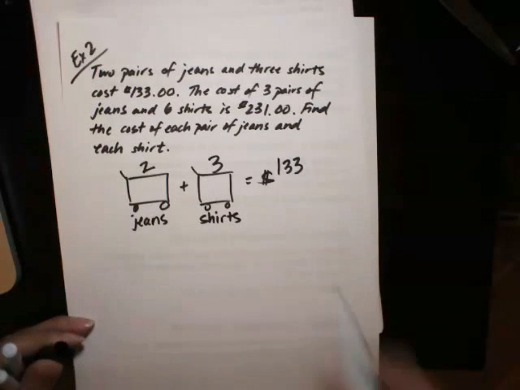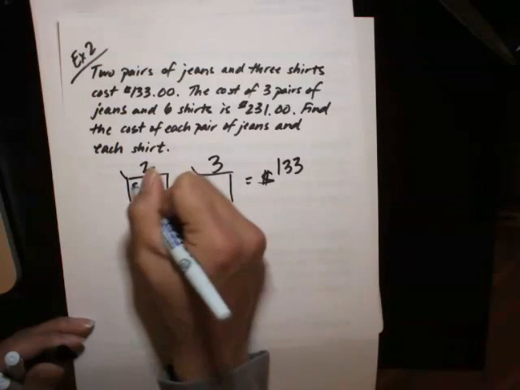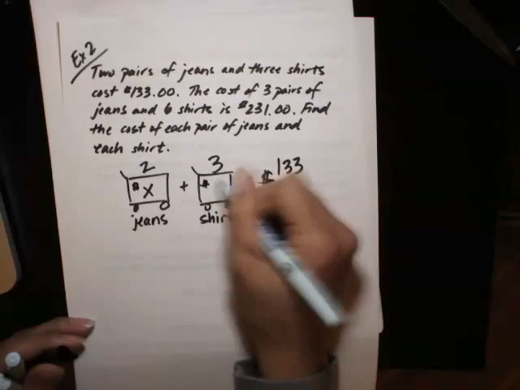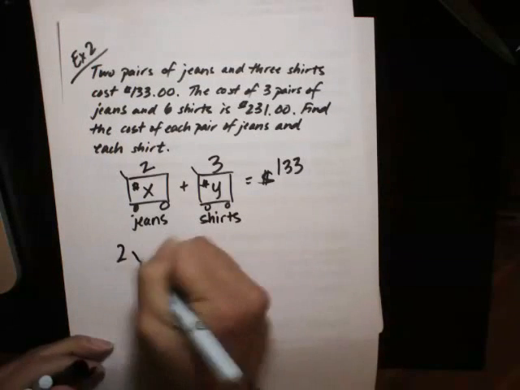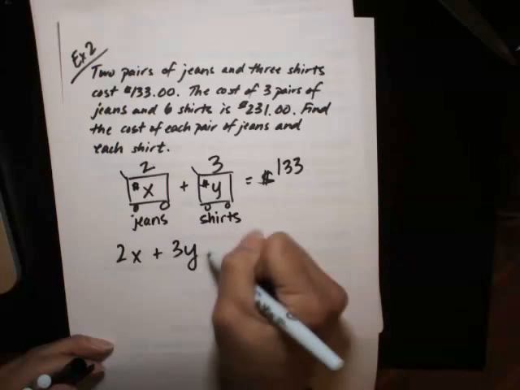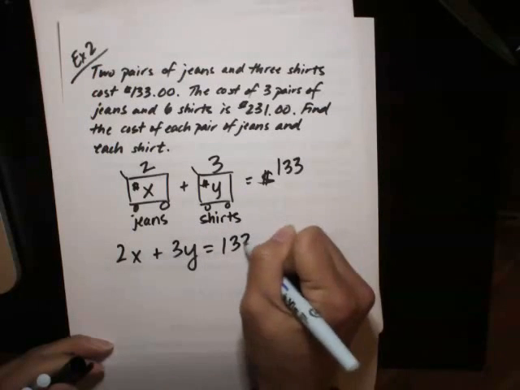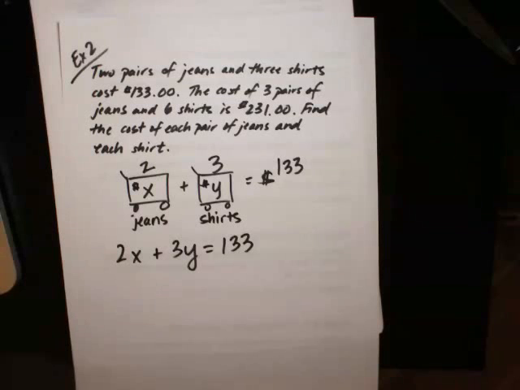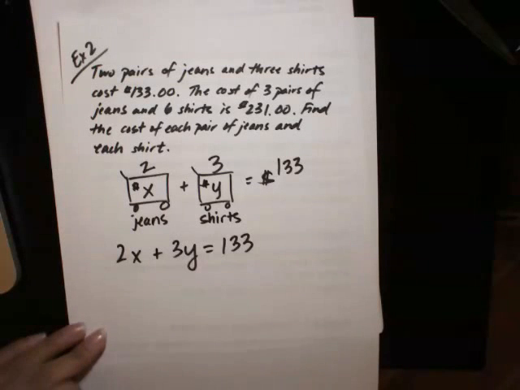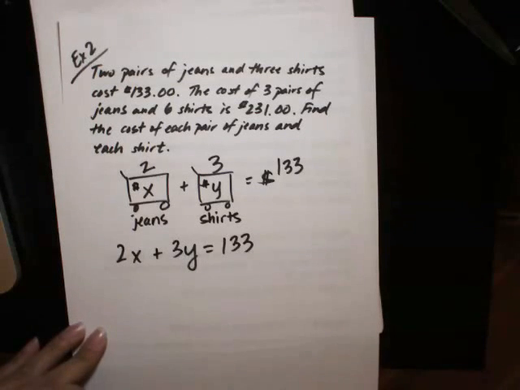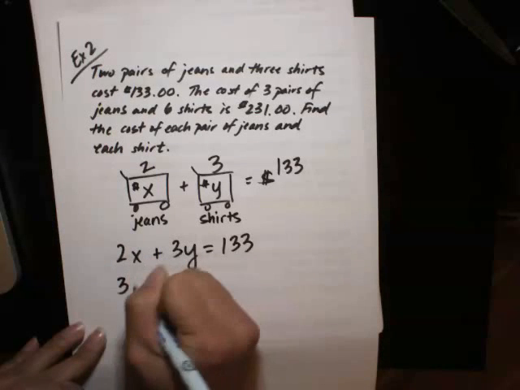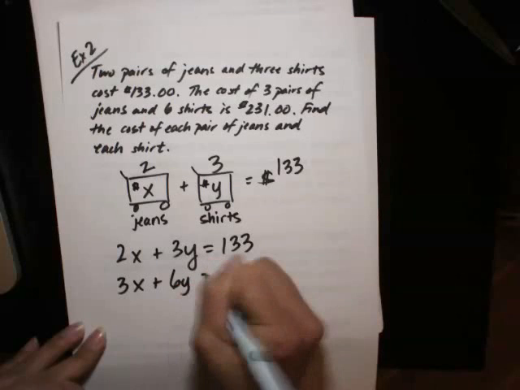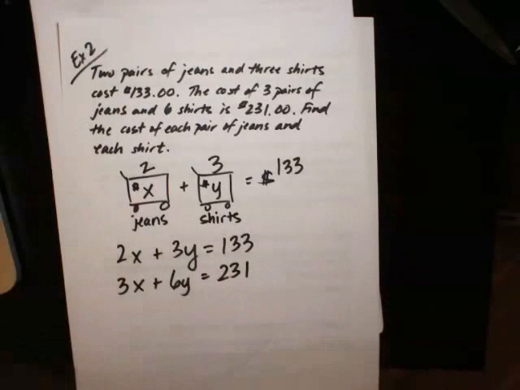Okay, we don't know how much it costs and we don't know how much this costs. So when we set up our equation, we will get 2x plus 3y equal to 133. Okay, I'm not going to draw the picture for the second sentence, but if you translated it, you should get an equation that reads 3x plus 6y equal to 231.